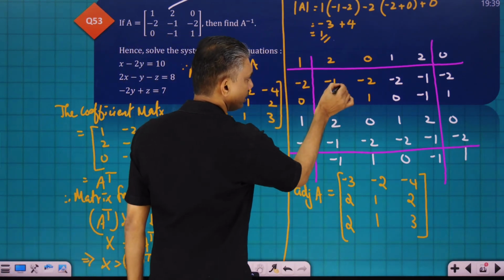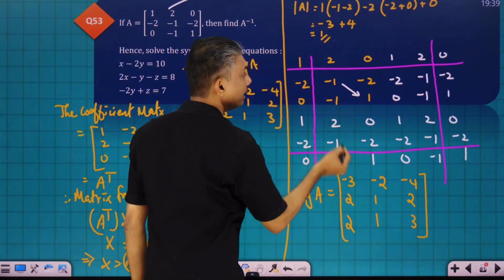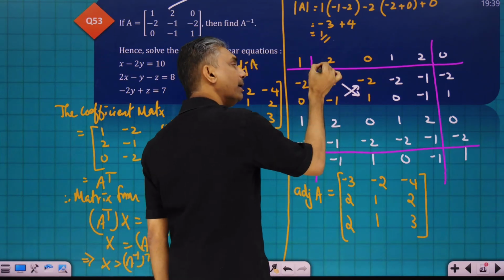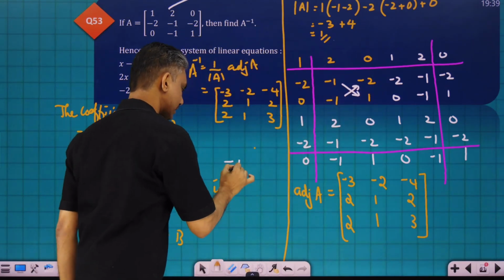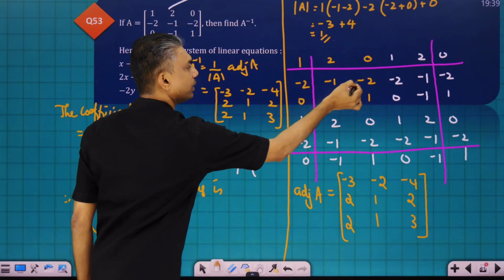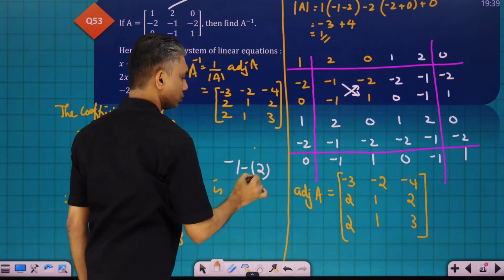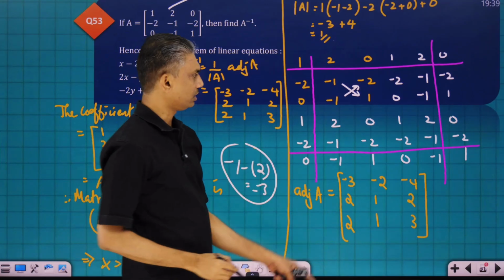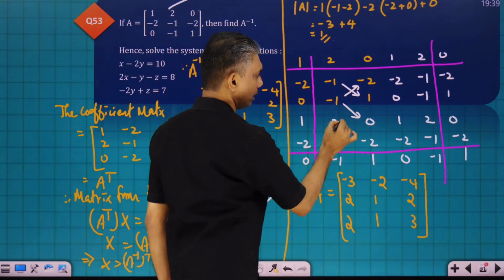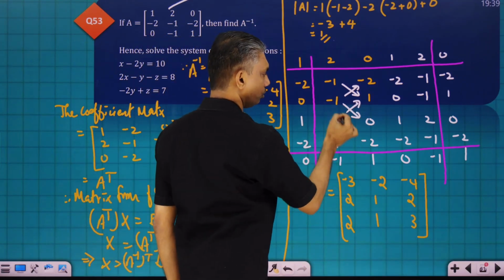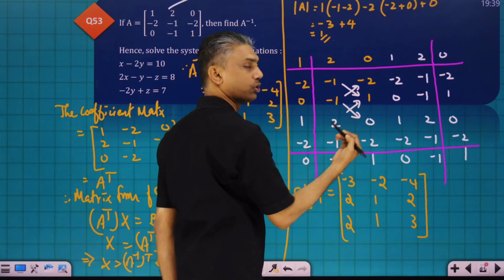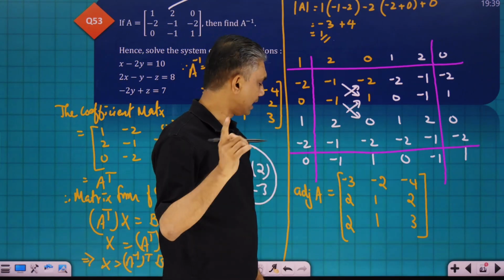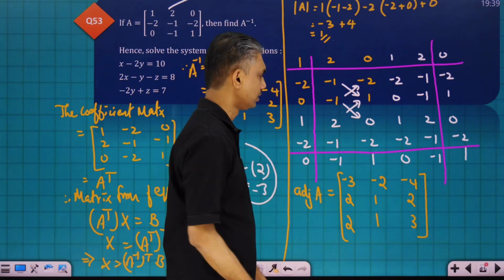Now multiply, see here. Minus 1 into minus 2 will be 2. So, it will be minus 3, okay. See, this is minus 3. Then 0, minus 2. So, minus 2. Column-wise multiplication, but writing row-wise. Then only the transpose, because adj is the cofactor matrix transpose.